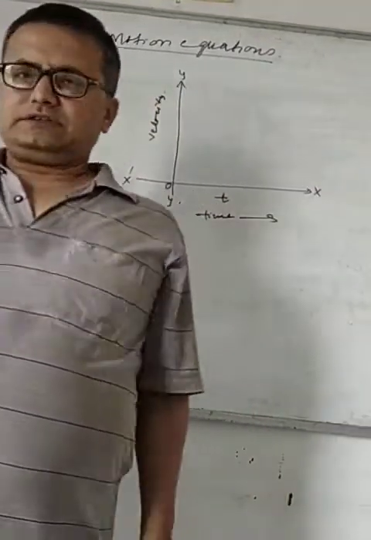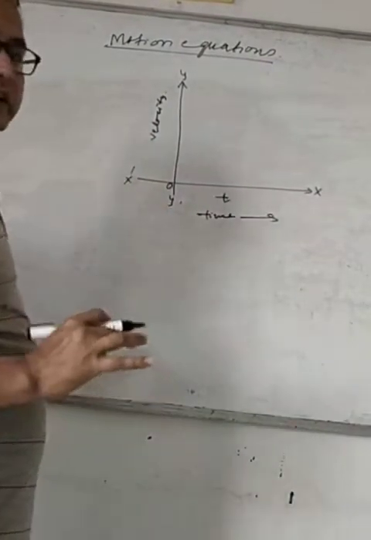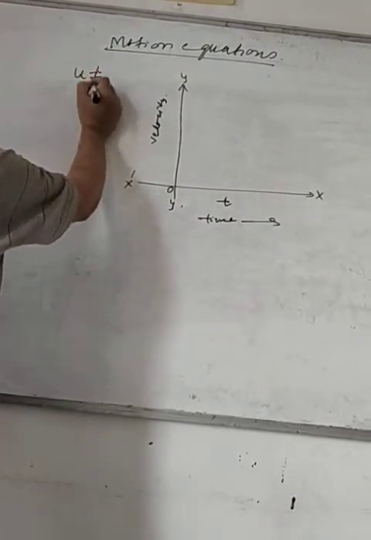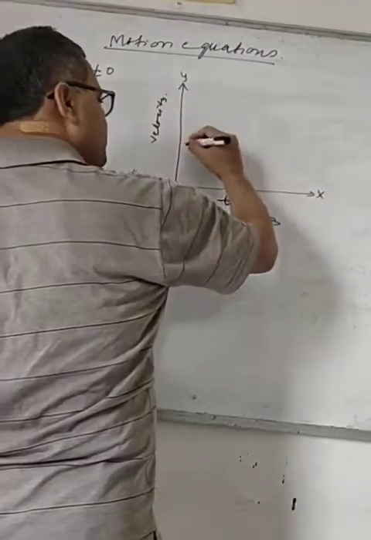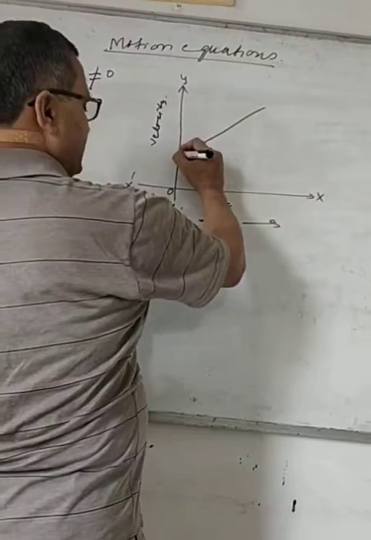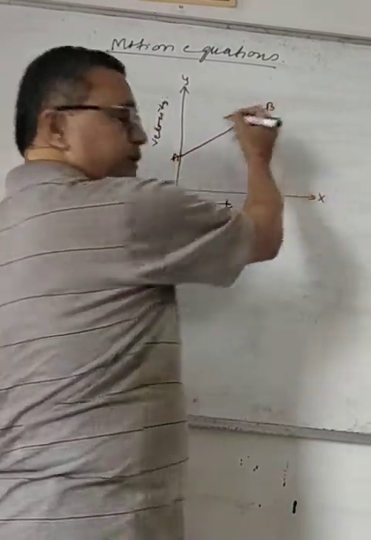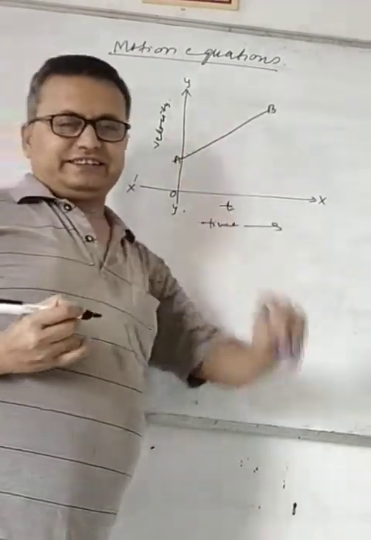When an object moves with some velocity, it means U is not equal to 0, and it moves uniformly from A to B. This slope represents the uniform acceleration.